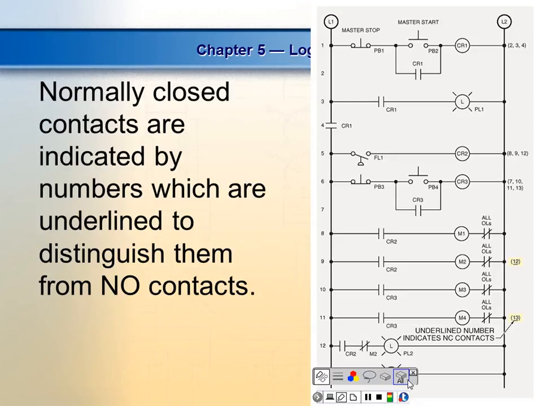So now I not only know if I'm looking for a normally open contact, but I also know if I'm looking for a normally closed contact. So how do we know? We underline the line number of a normally closed contact. You'll underline a few of them too.